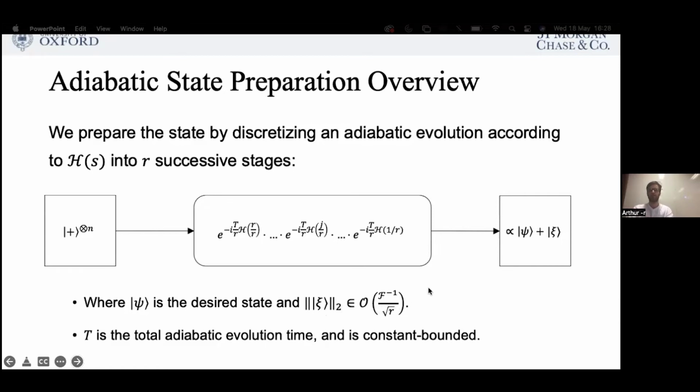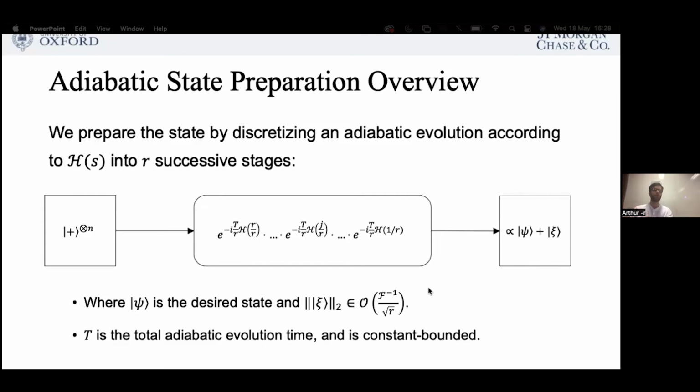In particular, we prove a couple of things. One, that the discretization error can be made arbitrarily small efficiently by increasing r. Two, that increasing r also arbitrarily suppresses the simulation error. And three, that the total adiabatic evolution time that we need to evolve for is constant bounded.